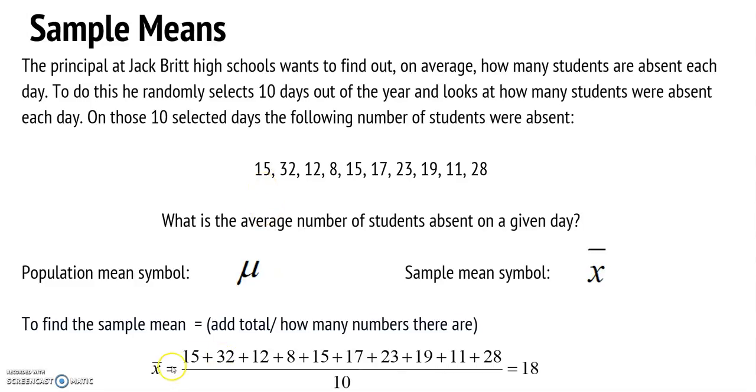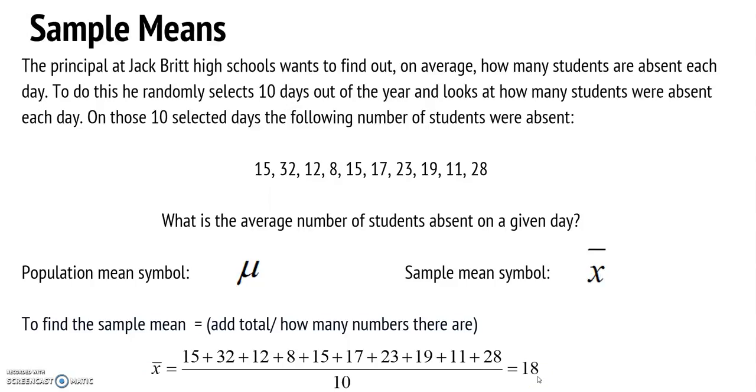So in this case, the total number of students absent is your numerator: 15 plus 32 plus 12 plus 8 plus 15 plus 17, to get a total in my numerator. And then I'm going to divide that by 10 because that was on 10 days in order to get the sample mean. So now I can say x bar is equal to 18 in order to answer the question.